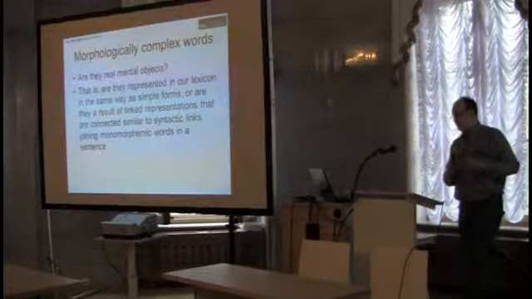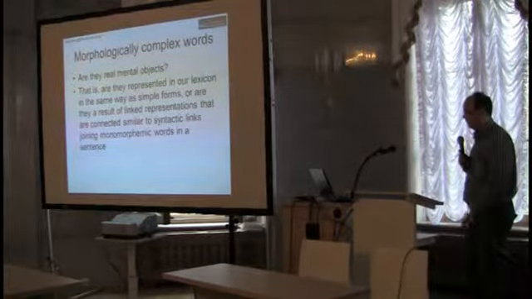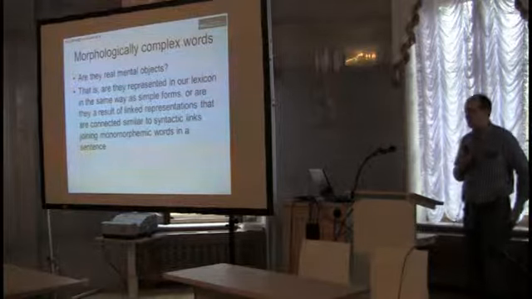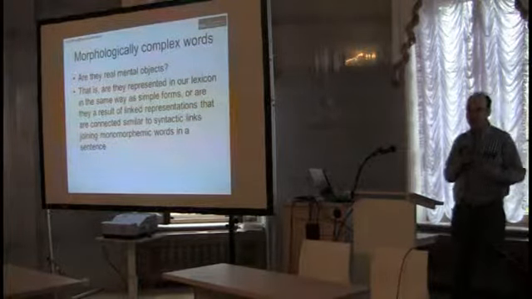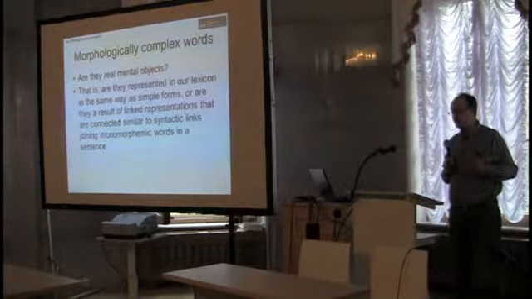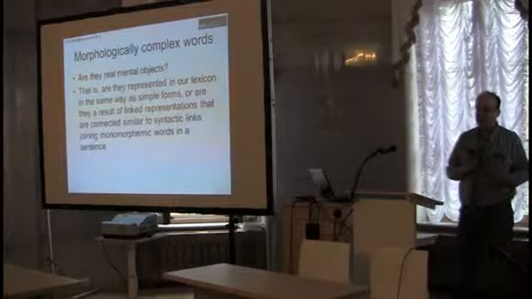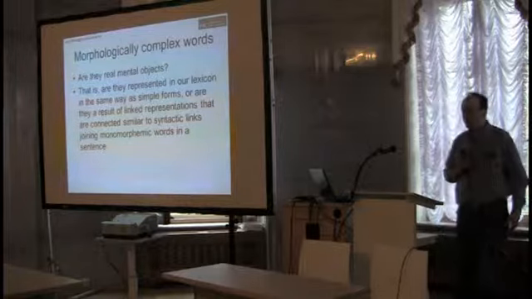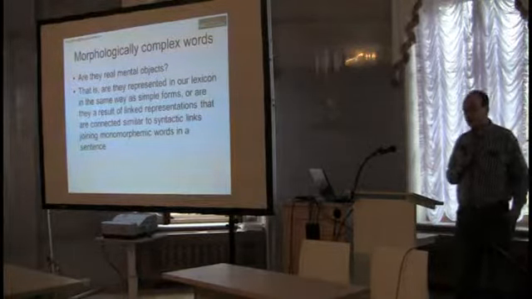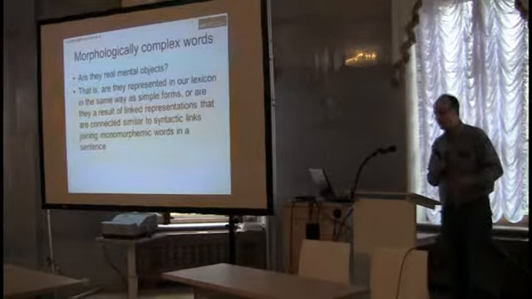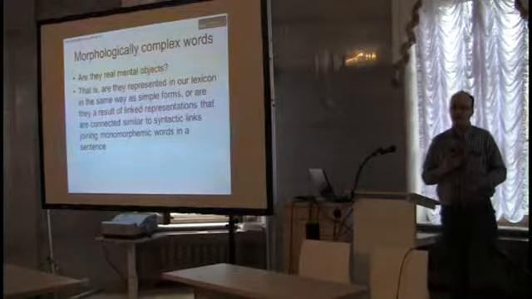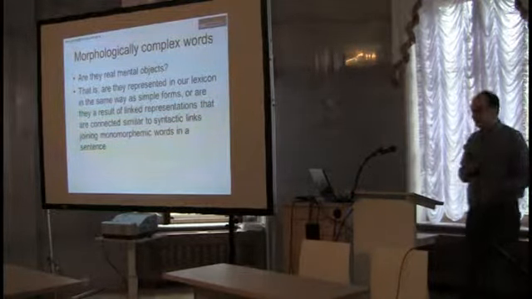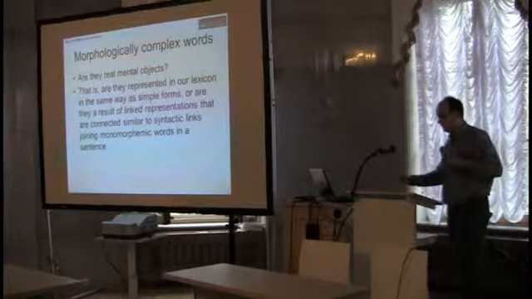So, coming back to the same question that Alina was asking, when we look at these morphologically complex words, are they real mental objects? Are they really represented in our lexicon in the same way as monomorphic, simple items? Or are they more of a result of a linkage between different morphemes, in a similar way, perhaps, as words can be linked in a sentence, syntactically or semantically?